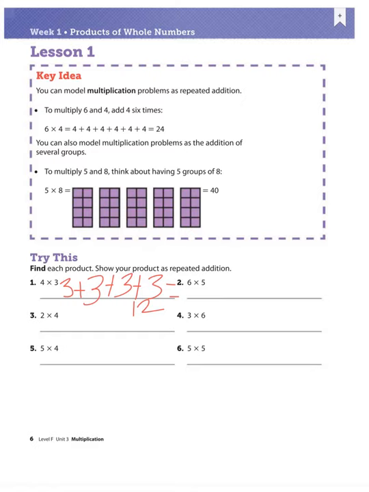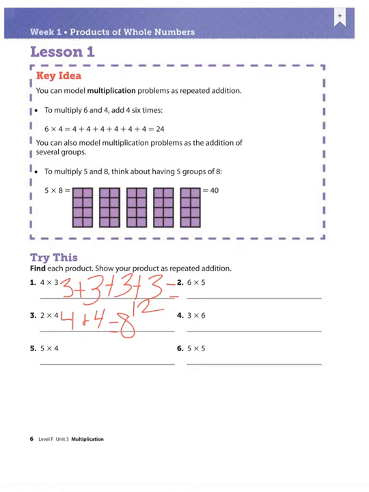I'm going to do the odd ones. Number 3, 2 times 4. I'm going to add 4 2 times. So 4 plus 4, and I know that is 8. So 2 times 4 is 8.